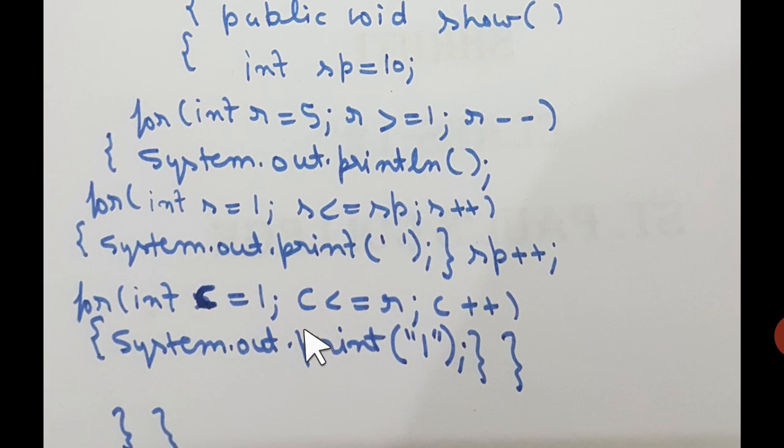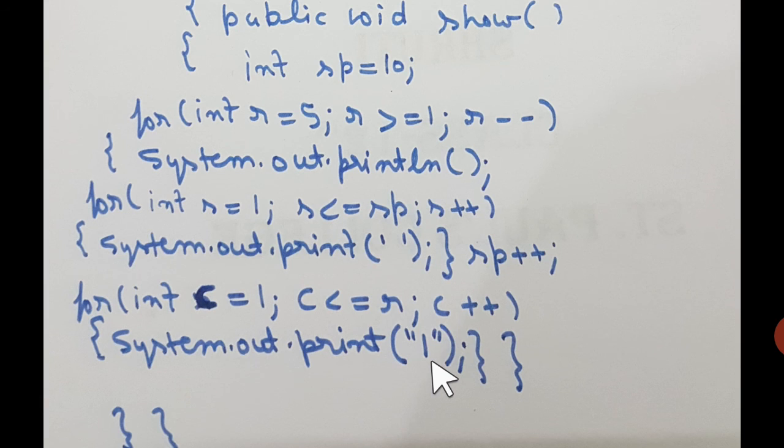Now students, after the clarification of the concept of spaces with this pattern, I'm going to go for printing the ones. And for that I have written a loop in which c represents the column. So it is working from 1 up to r. I have clarified that also. So whatever the value of r is going to be, it is going to work that many times. And c plus plus, and then system dot out dot print what? 1.